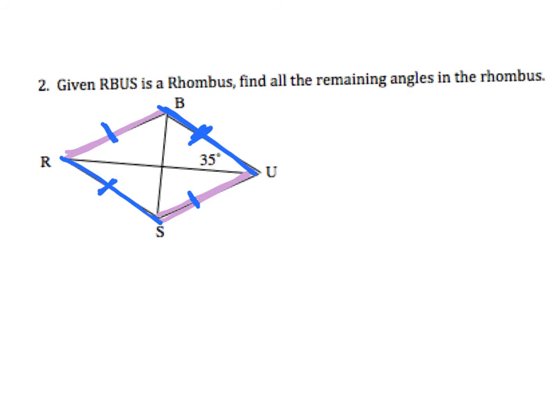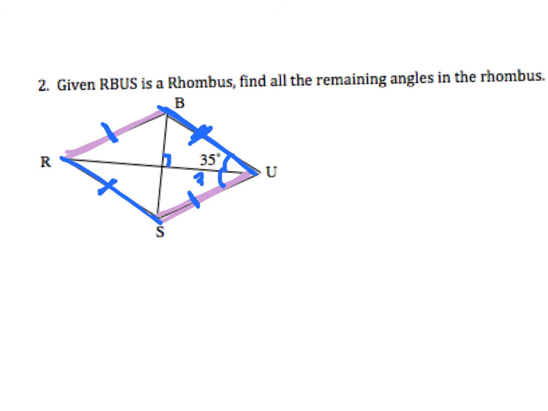The other thing that I know about a rhombus is to look at the diagonals. What do you know about the diagonals? Well, diagonals in a rhombus, there's a couple things. Diagonals in a rhombus are going to meet at a perpendicular, so they're going to be right angles. The other thing that they're going to do is they're going to bisect their angles. So they're going to create two congruent angles over here.